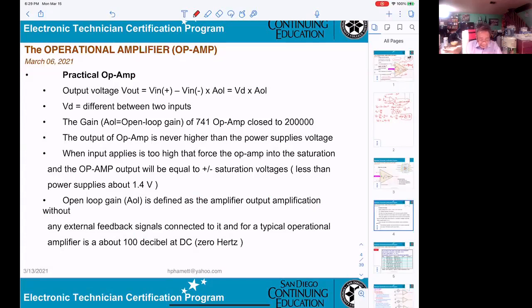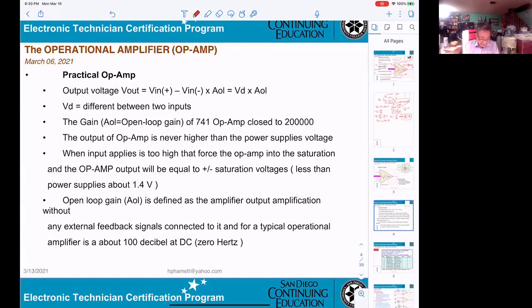The output of an op amp is never higher than the power supply. You can see the gain of the open loop is 200,000, but that does not mean if we apply 1 volt, you get 200,000 volts.